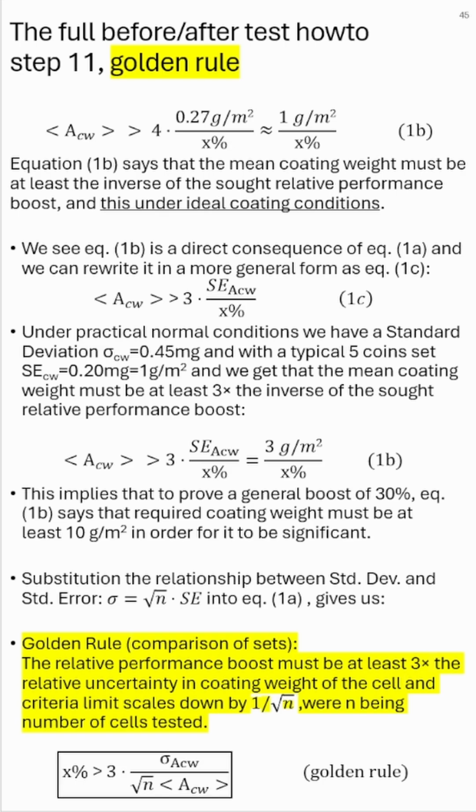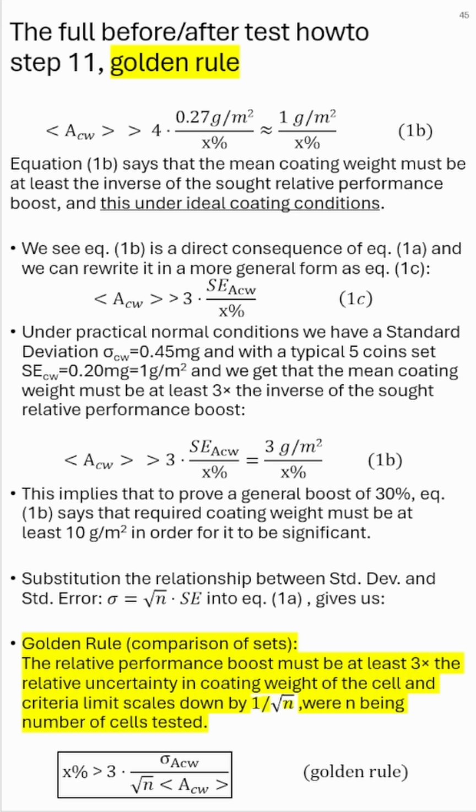So if we take equation 1b, then we see that that is like a direct consequence actually of equation 1a. So if we rewrite 1a, we can get equation 1c. That says that the mean value of the coating weight must be 3 times larger than the standard error of the coating weight divided by the boost performance in percentage.